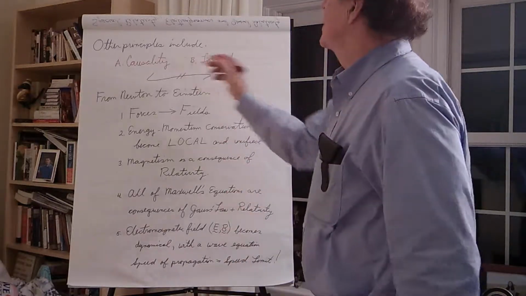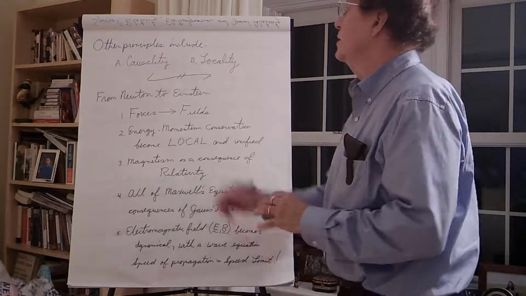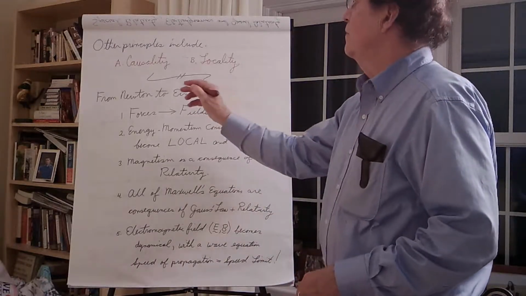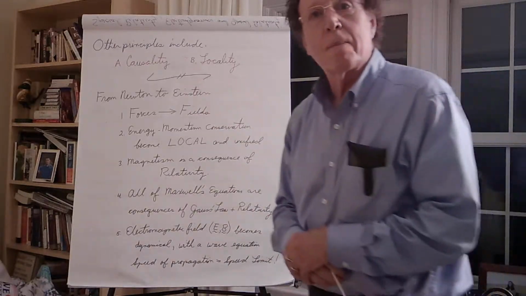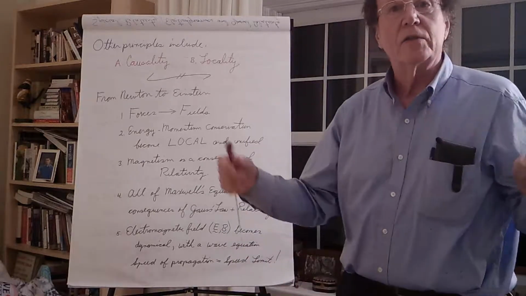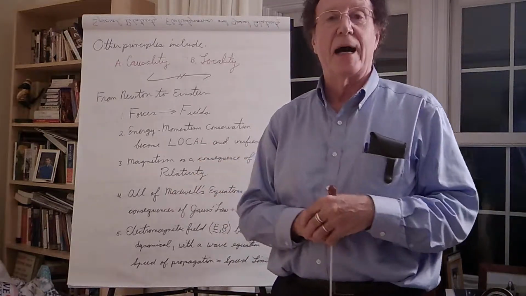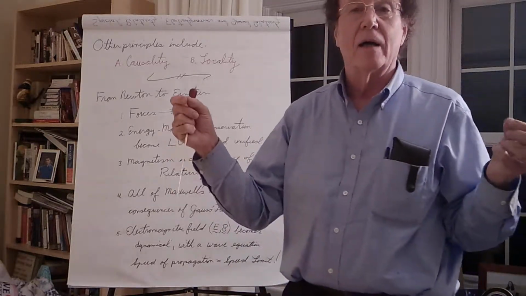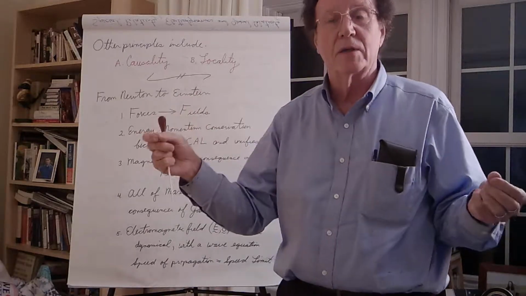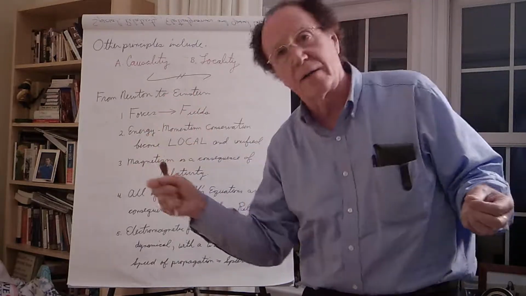Now, other principles we're going to use when we do this course are these two. The first one is causality. You can have two events in space and time, and if they're connected by a light ray, they can be causally connected. One can influence the other.